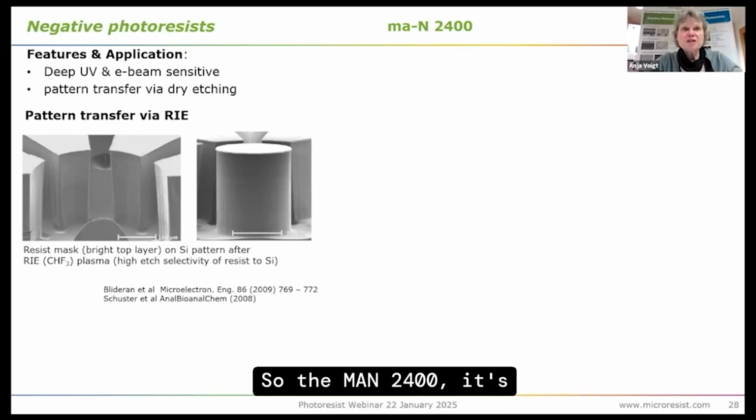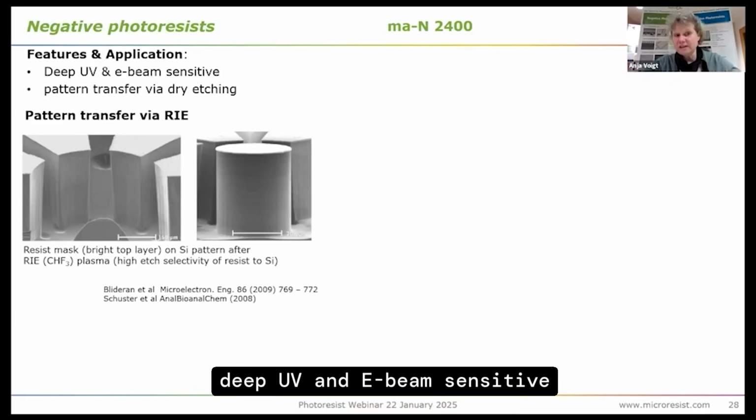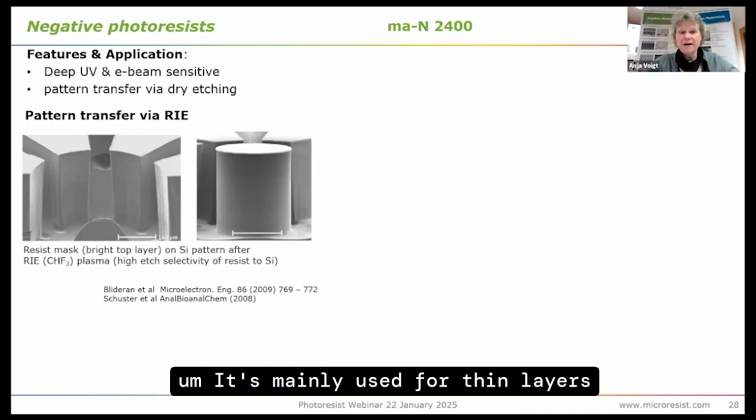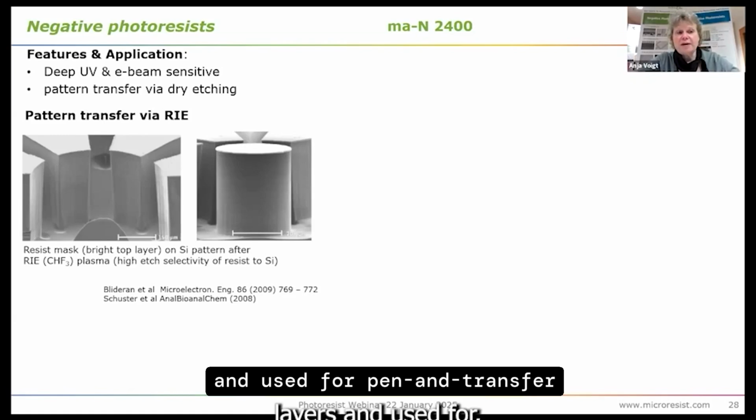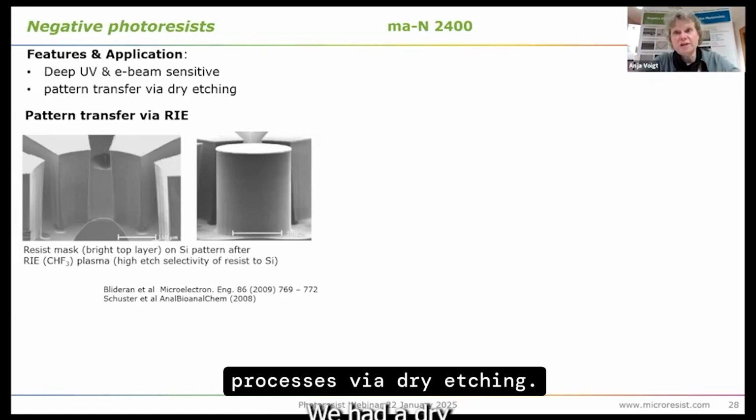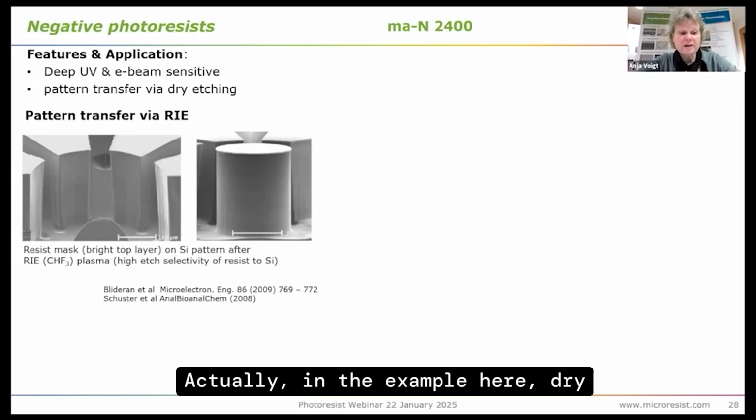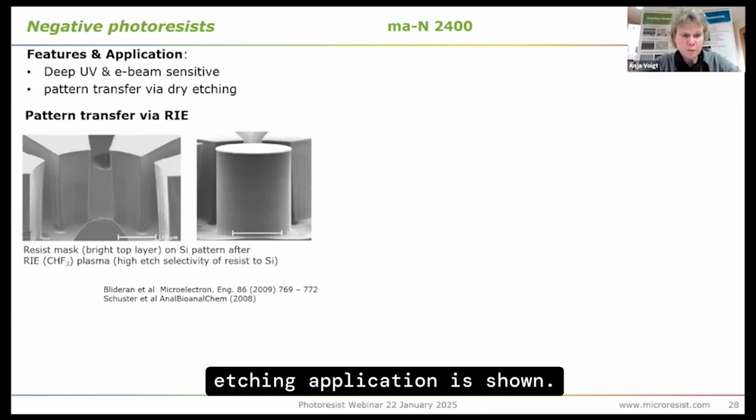So the MAN 2400, it's a deep UV and E-beam sensitive material. It's mainly used for sure for thin layers and used for pattern transfer processes via dry etching. Actually, in the example here, a dry etching application is shown.